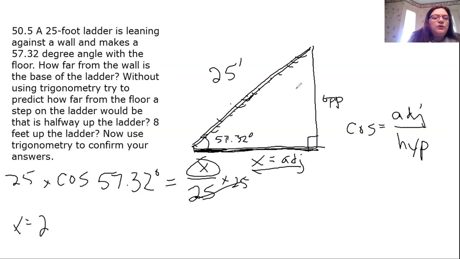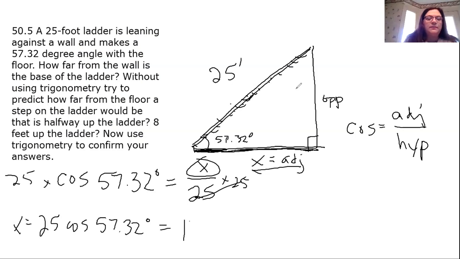X equals 25 times the cosine of 57.32 degrees. So on my calculator, 57.32 cosine times 25, and I'm using my phone, so I had to put the degrees in first. And that equals, if I round it to the tenths place, 13.5 feet. So the bottom of the ladder is 13.5 feet away from the wall.